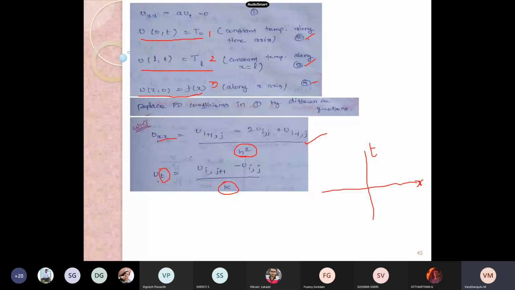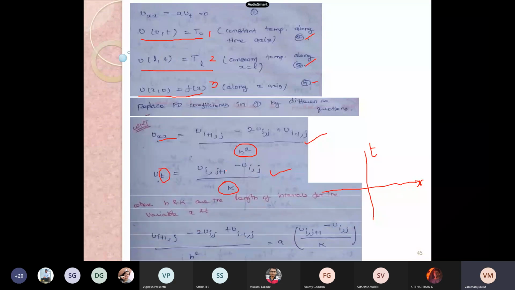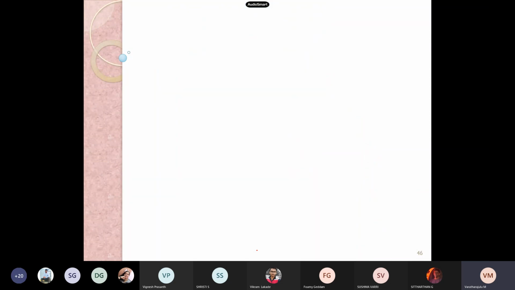So this is u_xx and u_t, where h and k are the lengths of the intervals for the variables x and t. So I am applying this in equation number 1. So this is the applied equation.